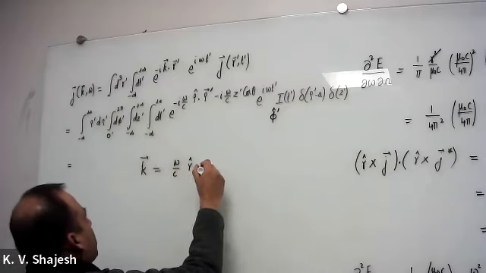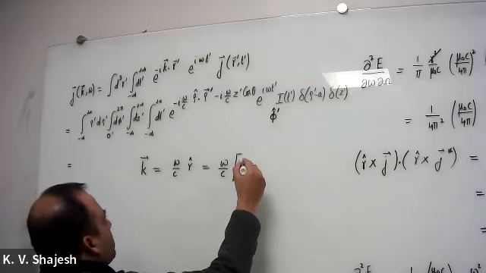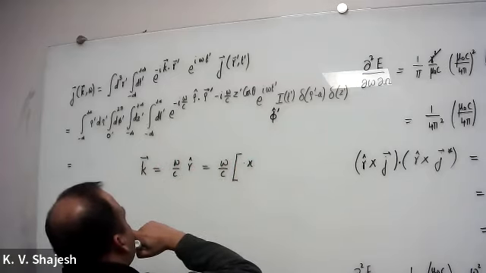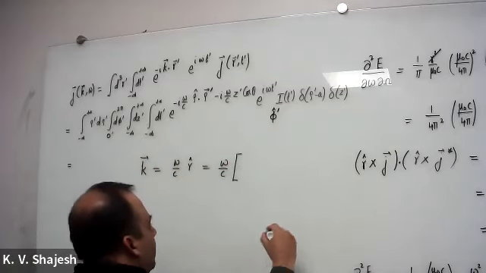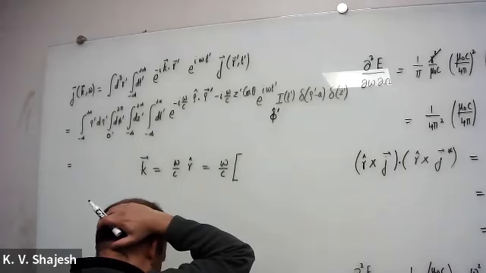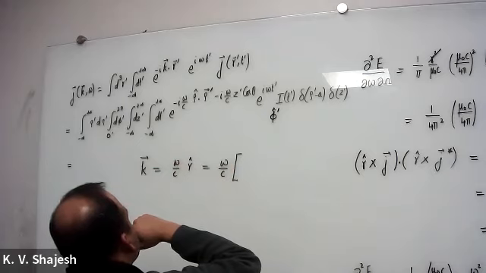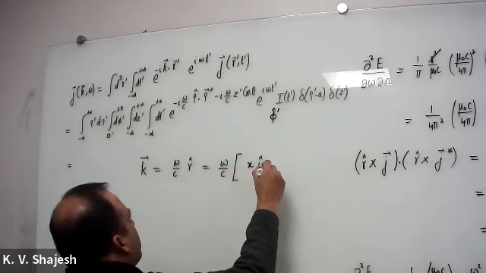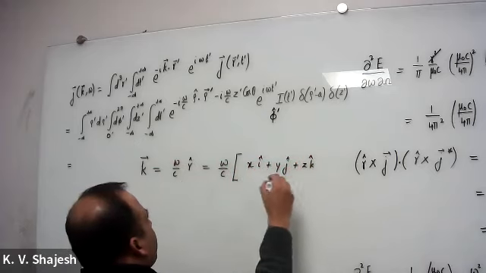R hat is nothing but, let's call this, I want to remove, okay, this is x i hat plus y j hat plus z k hat, right?